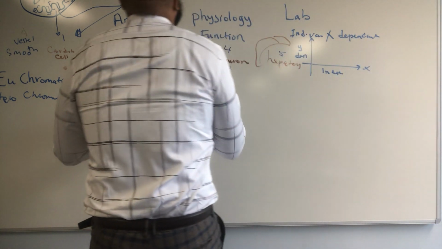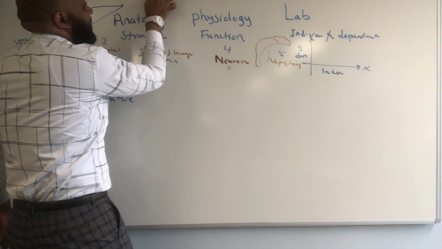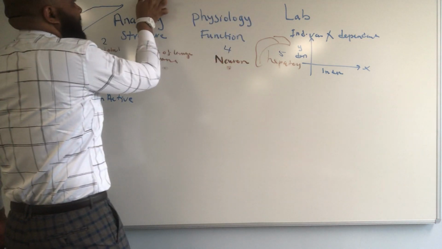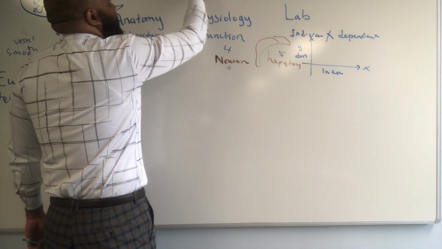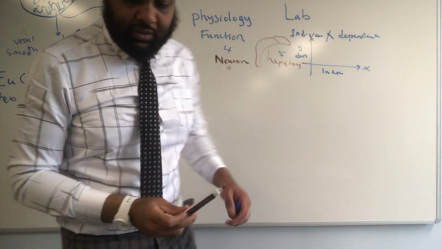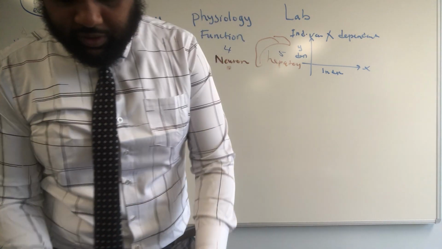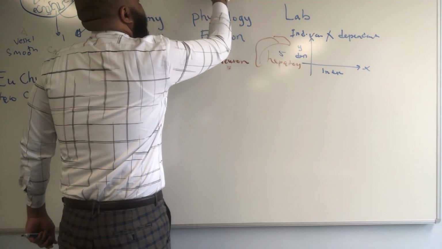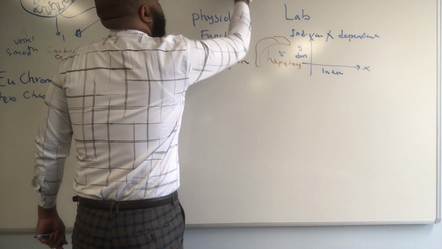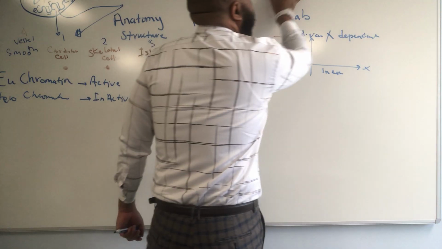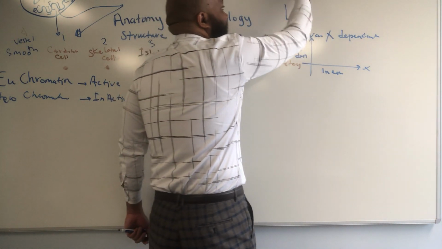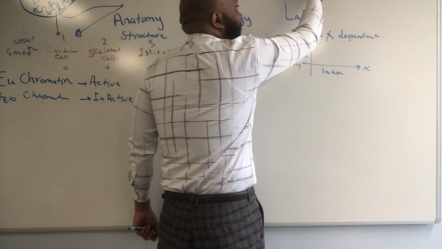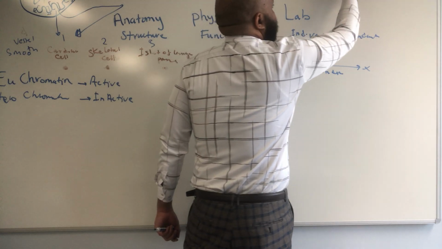What is the name of the process from which we get mRNA out of the DNA? That is known as transcription. Very good. And from mRNA into protein, that is known as translation. Excellent.